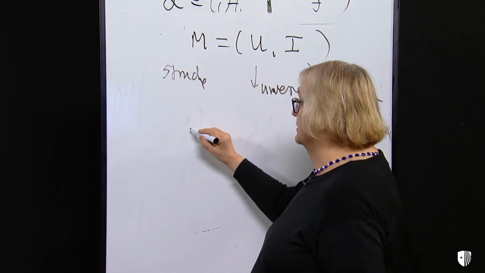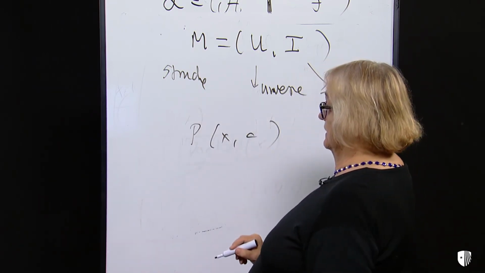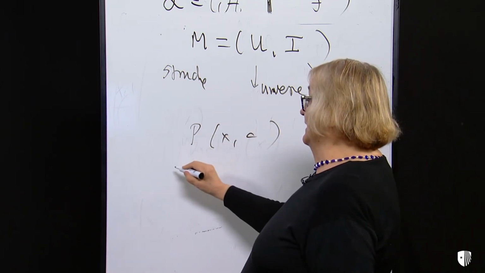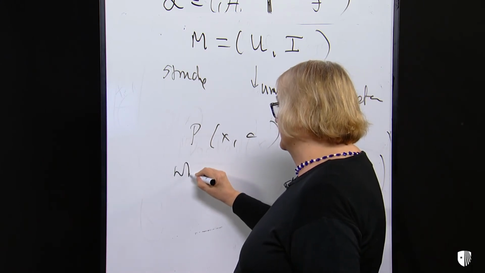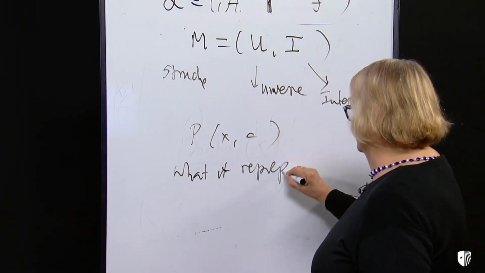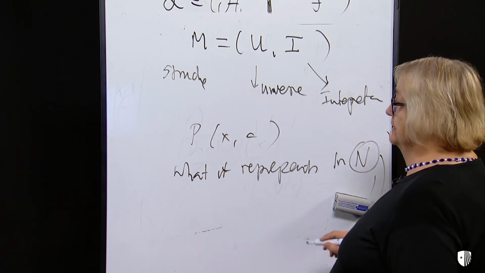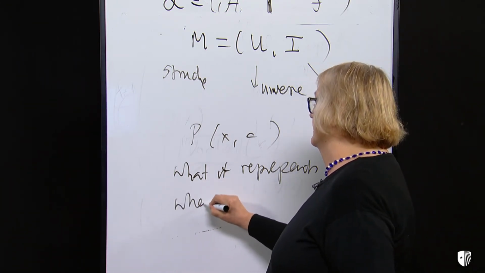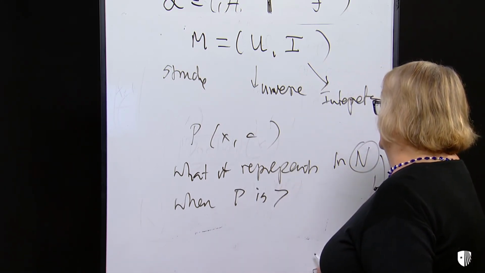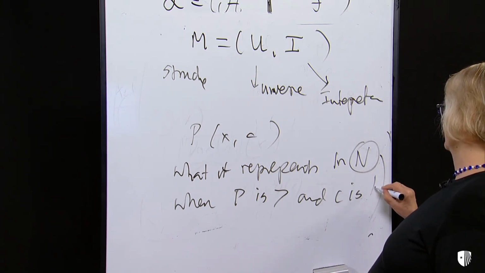Because if I write P(x, c), this is just letters. But I can say what it represents, for example, in natural numbers, where P is greater and c is 5.